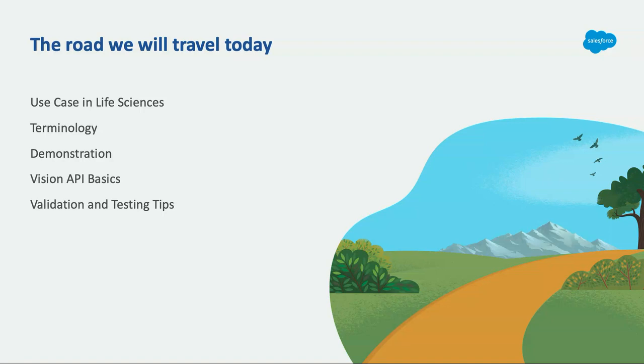We'll start with some terminology so everyone level sets on what Einstein Vision is and what it can do for you, and then we'll move forward with a demonstration. The demonstration will walk through how we can use Einstein Vision to do some predictions, and at the same time I'll show you what I did to achieve that from an API perspective in the code. Finally, I'll end with some validation testing and testing tips.